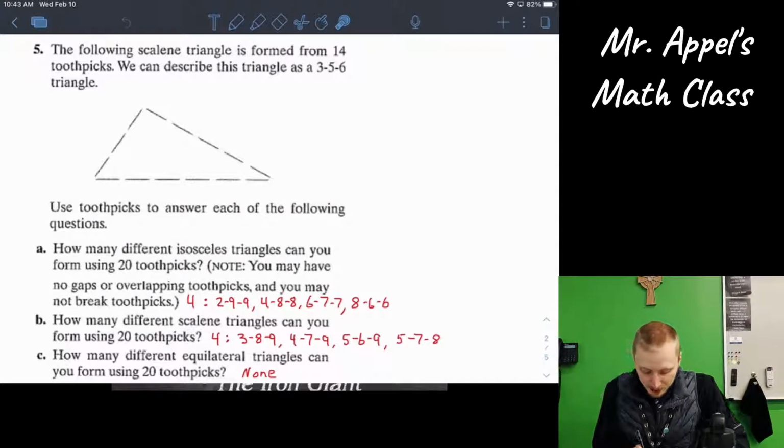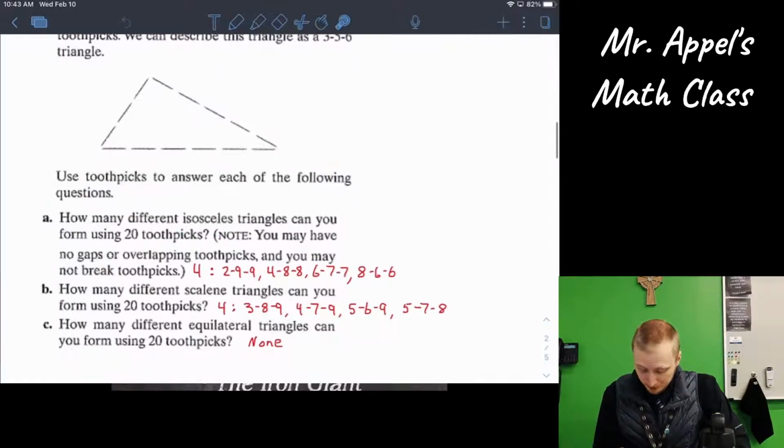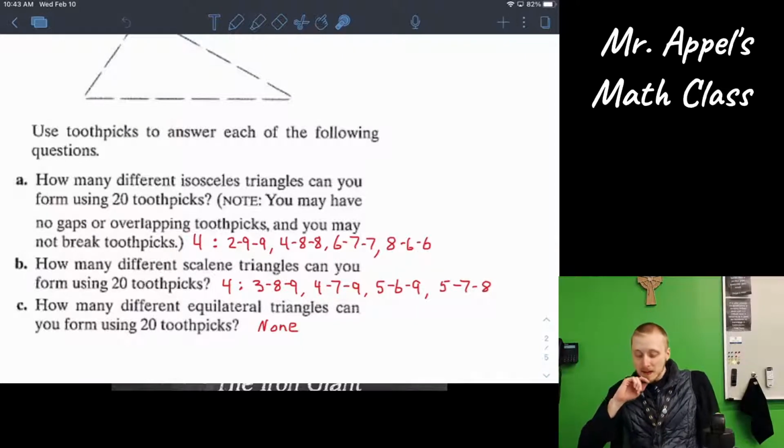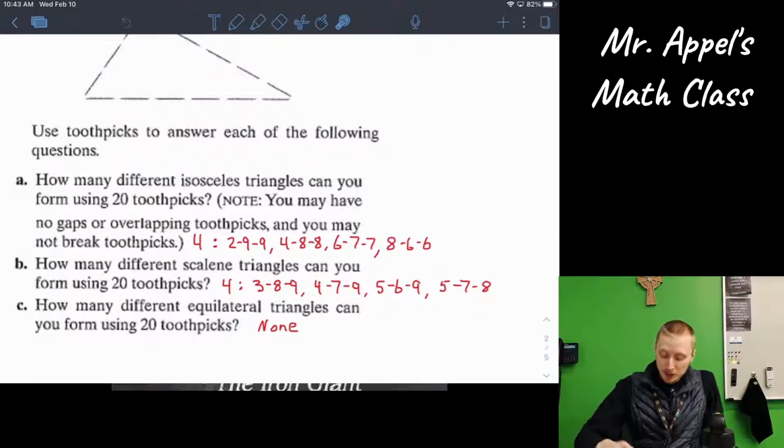All right, if you have 20 toothpicks total, how many different isosceles triangles could you make? So isosceles, you gotta match 2 sides here. There are a total of 4 combinations, the 2-9-9, 4-8-8, 6-7-7, and the 8-6-6. Similarly, if you wanted to make scalene triangles, there are 4 different ones, all different sizes now.